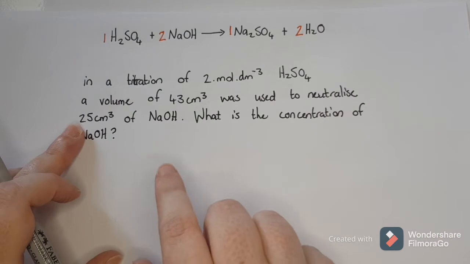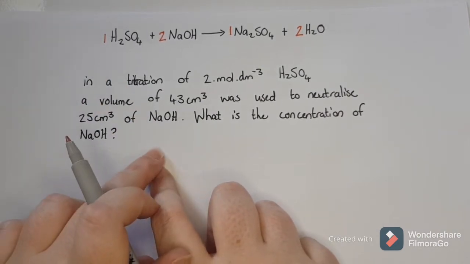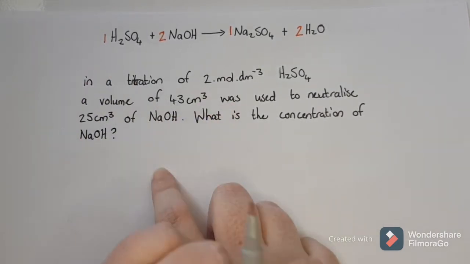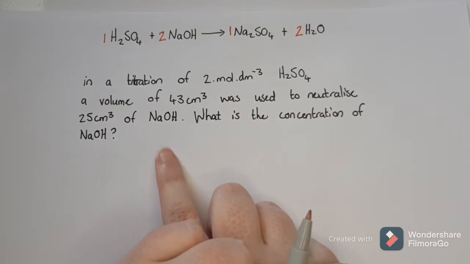And my question says, in a titration of 2 moles per decimeter cubed of sulfuric acid, a volume of 43 centimeters cubed was used to neutralize 25 centimeters cubed of sodium hydroxide. They want to know what's the concentration of sodium hydroxide.